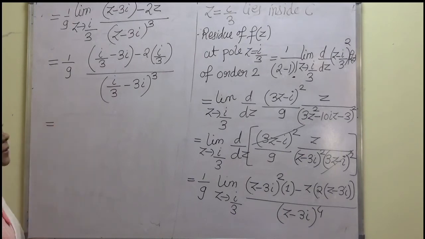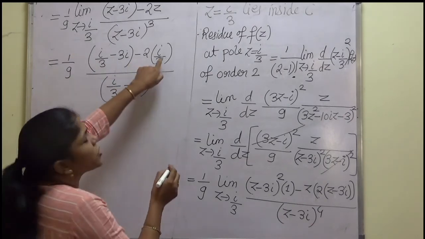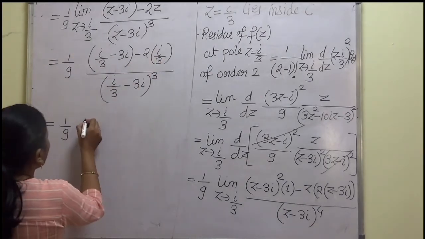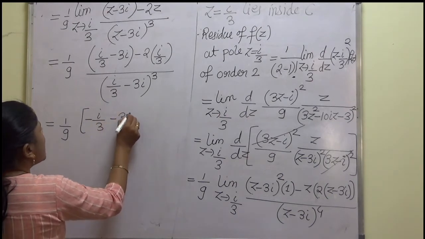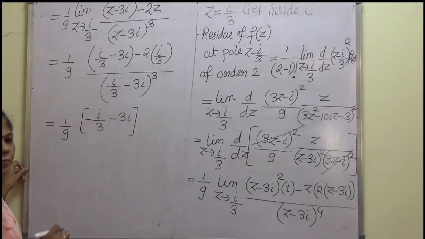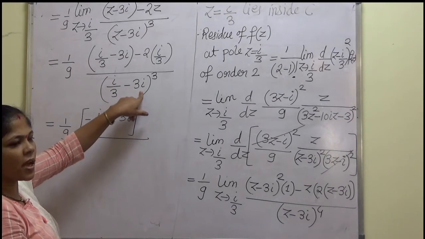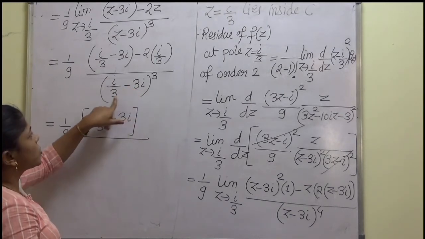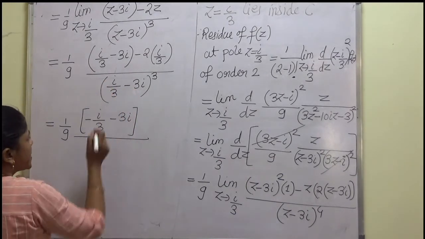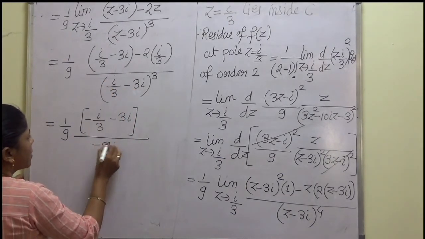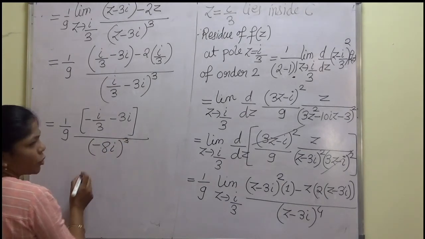So it is 1 by 9 times, i by 3 minus 2i by 3 means minus i by 3 in the numerator, upon i by 3 minus 3i. Let us take the LCM: 3 into minus 3 is minus 9, plus 1, so minus 8i, whole cube, upon 3 cube.